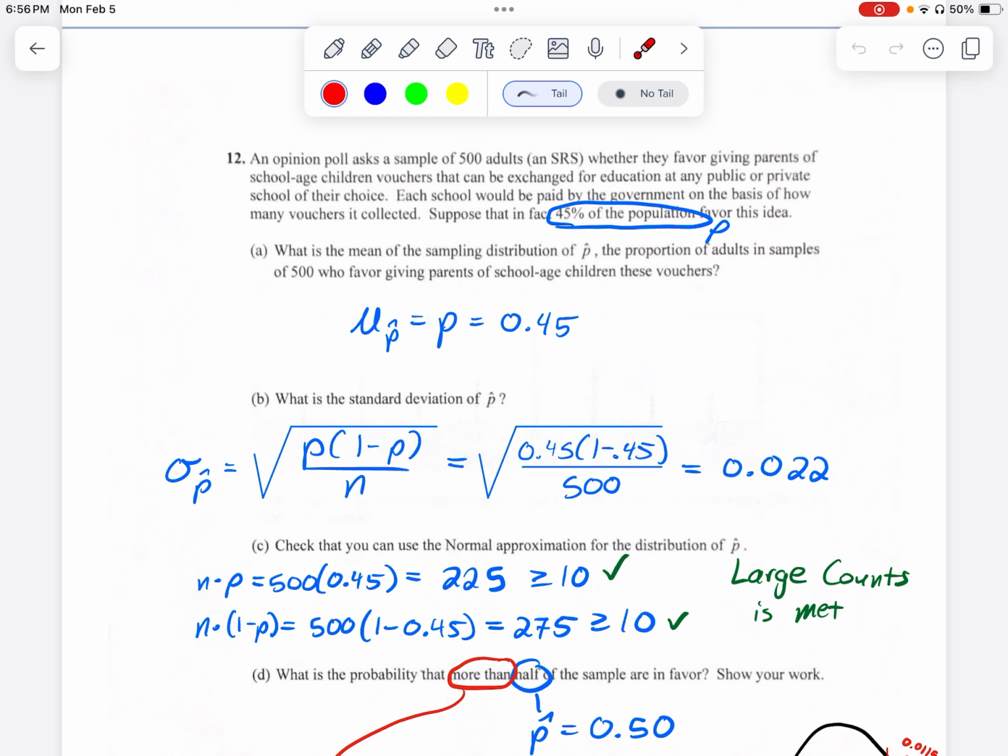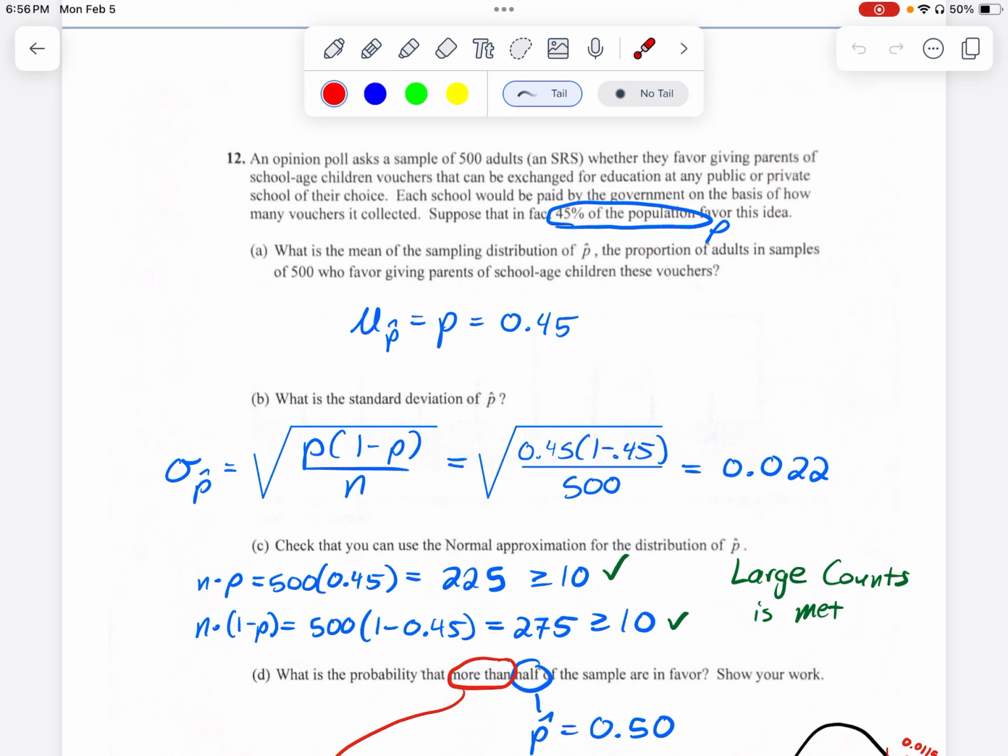What did they ask people? Are you in favor of giving parents of school-age children vouchers that can be exchanged for education at any public or private school? So they ask them if they're in favor of the voucher system. Suppose that in fact 45% of the population favor the idea. So they're telling you p here, the parameter.